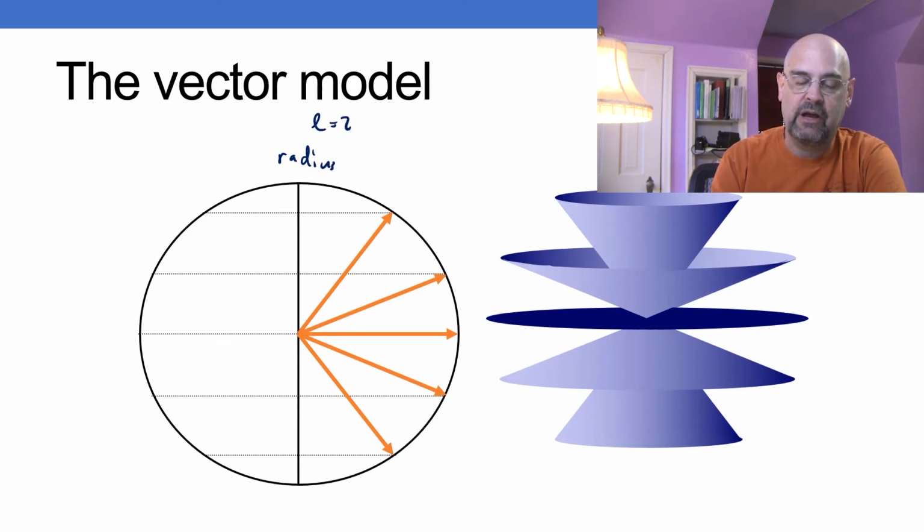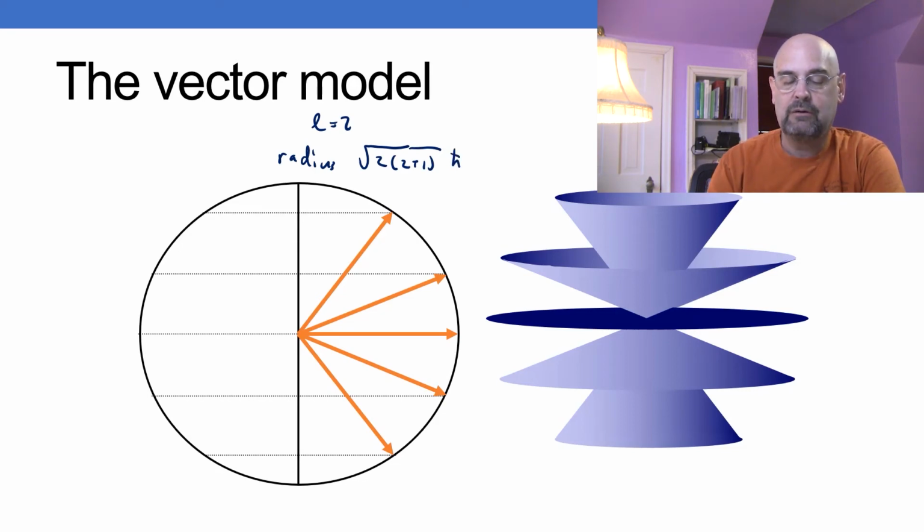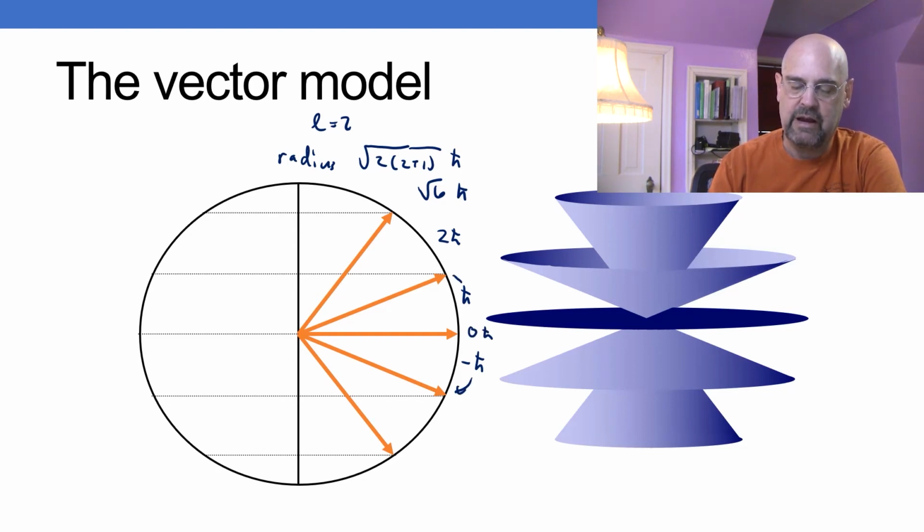So it's going to have a radius of square root of 2 plus 1, h bar, or if you prefer, square root of 6 h bar, where the z components are going to be equal to 2h bar, h bar, actually 0 h bar here, minus h bar, and then minus 2h bar.